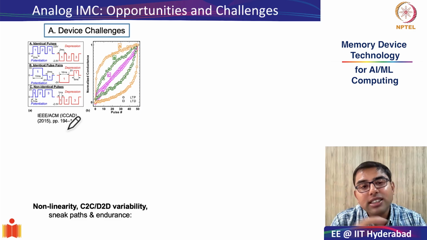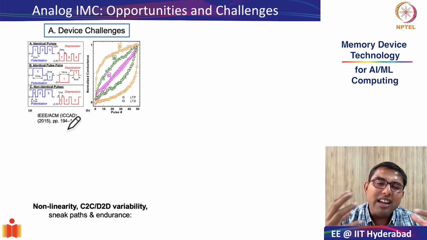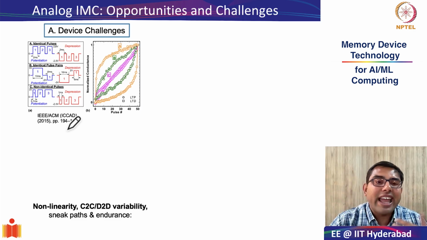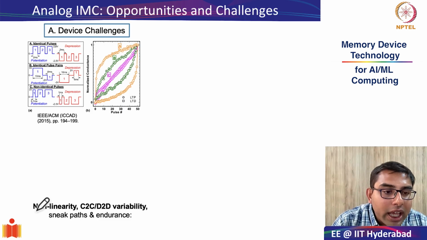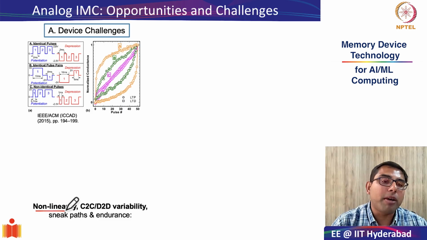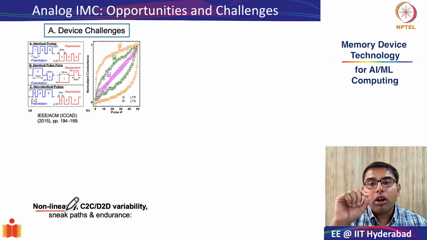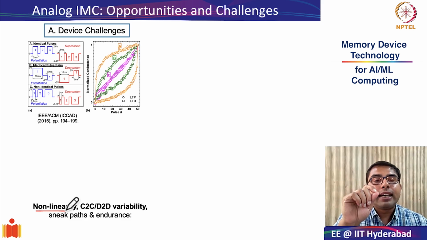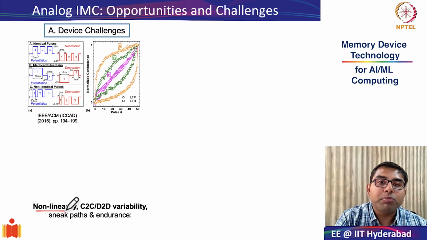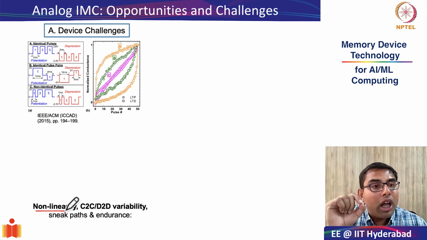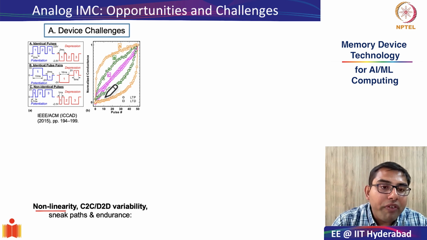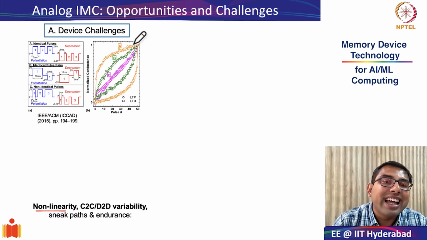The device challenges is something that we have dealt with in detail, so I will not again brood about it, but the key device challenges still remain in the non-linearity of weight update. That is, because the operation of these eNVMs is inherently nonlinear, when you start applying similar pulses, the weight update is not always linear.